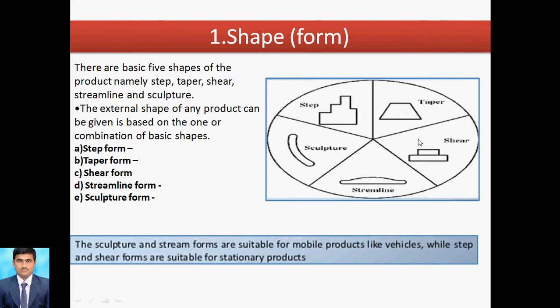Then next is the shear form, which gives a square outlook to the body, or you can say to the product. Then regarding the streamline, it gives a smooth flow over the body. It is available nowadays in automobiles as well as aeroplanes.